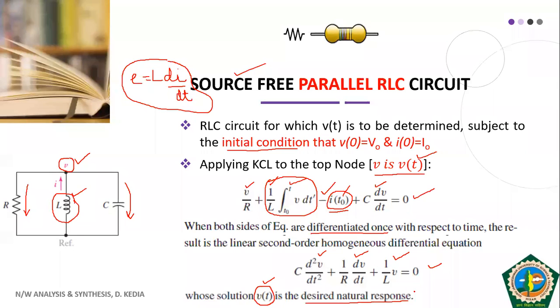If you remember, in RL and RC circuits also we had got a differential equation and solved it, but that was a first order linear homogeneous equation. Here we have a second order linear homogeneous differential equation, because we have d2V by dt square.